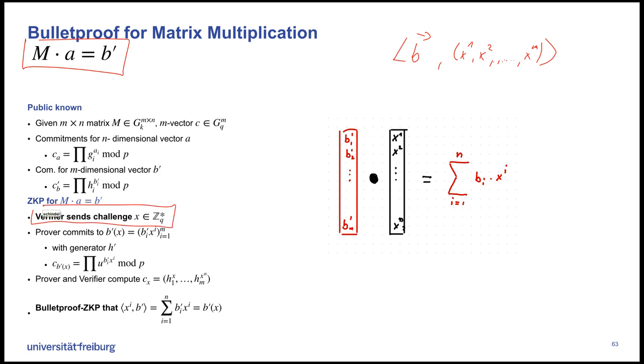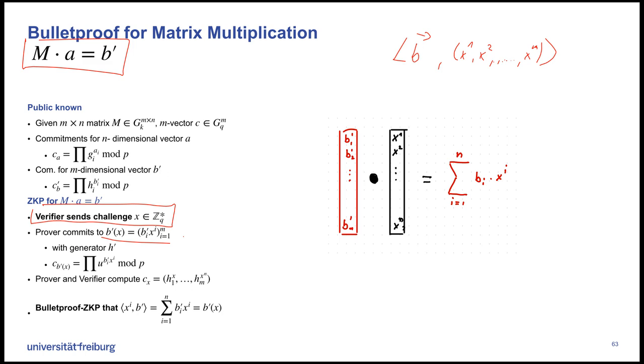Now, you could say that you can compare two vectors by just making a polynomial and comparing the polynomials. But because of Schwarz-Zippel, if the verifier gives me a challenge, then I just have to compare one point of these two polynomials. So that's what I do here. I want to produce a polynomial which characterizes the whole vector. So that is happening here. The verifier sends a challenge, and then the prover commits to this polynomial, which is evaluated at this point.